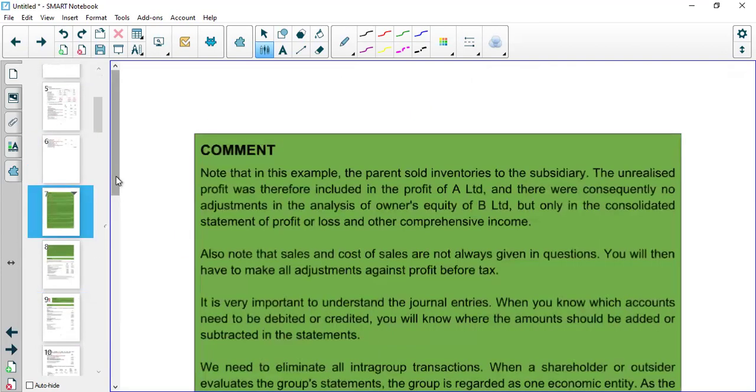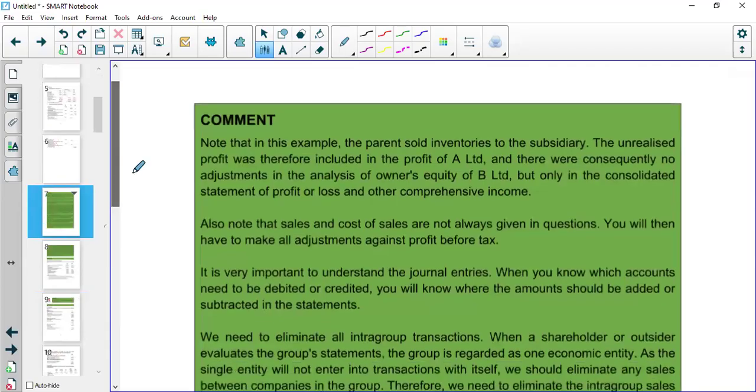Now, a little bit of explanation and a comment, just to make sure we repeat that explanation. They say that in this example, the parent sold inventories to the subsidiary. So the unrealized profit was included in the profit of the seller, right?